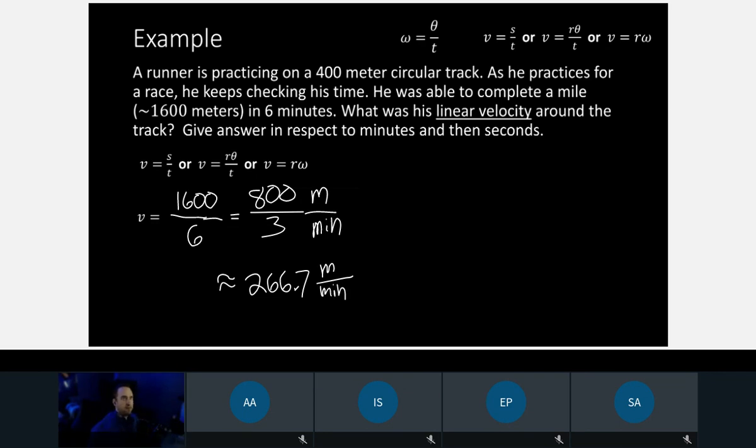Because we wanted it with respect to minutes and with respect to seconds, we want to get rid of our minutes in place of seconds, like stoichiometry again. We know from the previous page that in 1 minute, there is a total of 60 seconds.